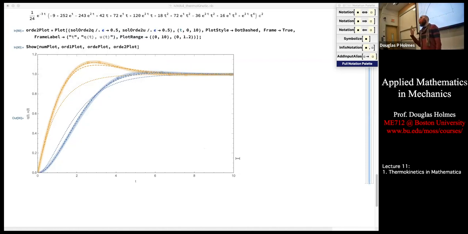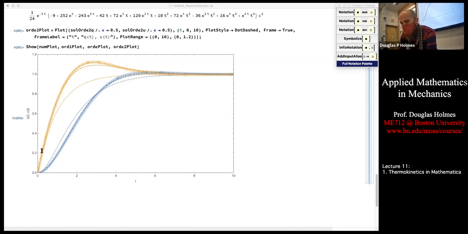And that has a formal mathematical meaning, which is that if you take the difference of x, for instance, and our asymptotic solution for x at a given order, and divide that by epsilon to that order, and take the limit as epsilon goes to 0, this gives you a mathematical way to quantify it.